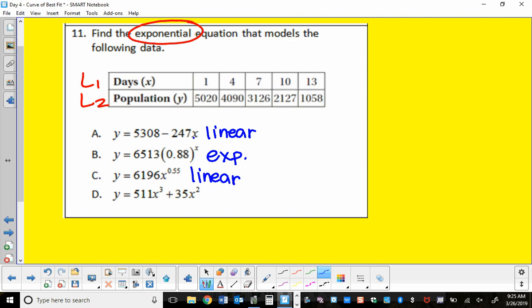So x to the first power. And then D, x to the third power is what? Cubic. They're telling me to find which exponential equation works the best. I can find this answer without any work. What is it? It's D. I don't have to do any work there. Okay, so always look at your answer choices.